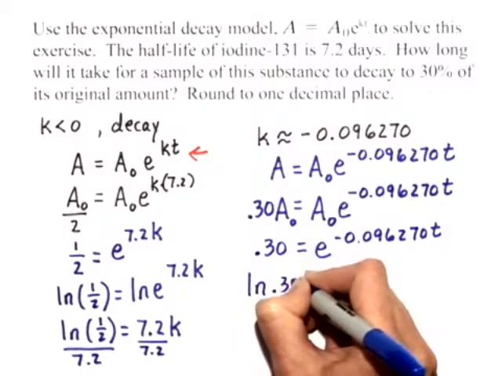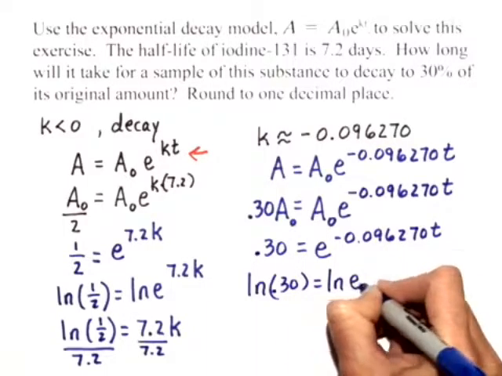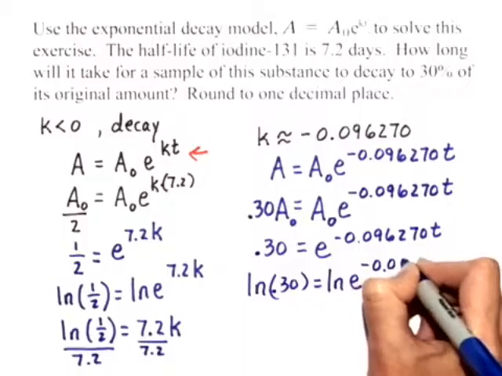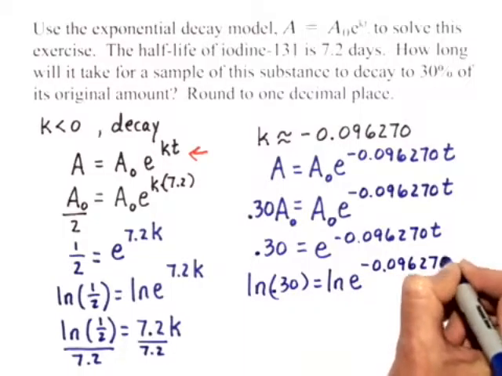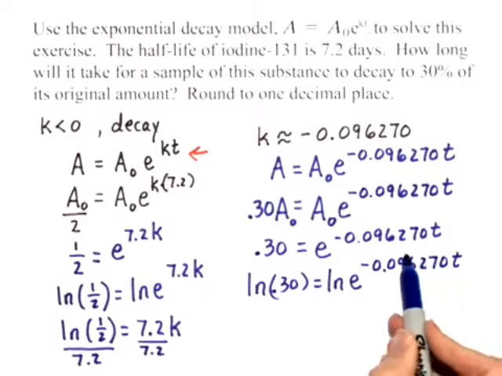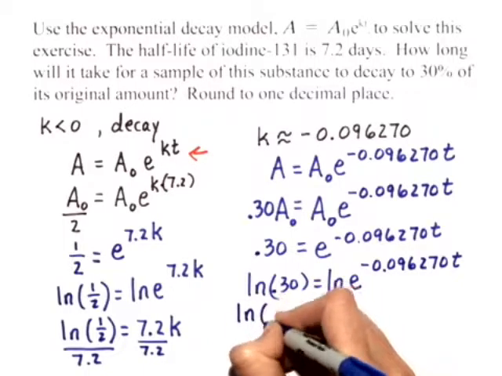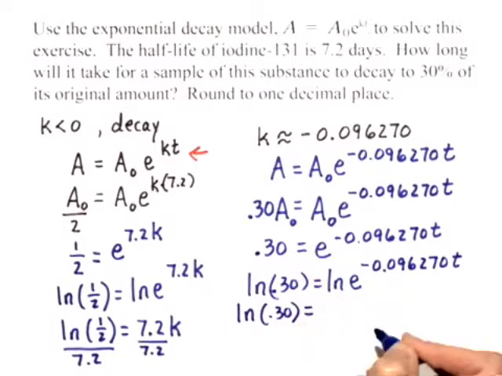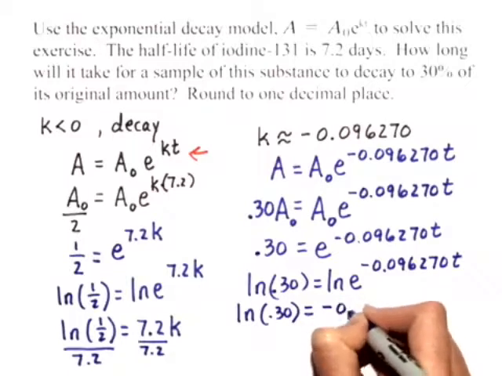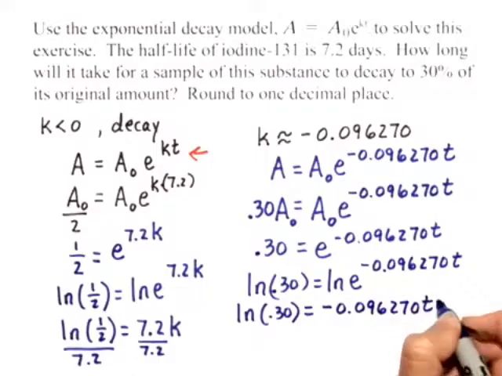The natural log of 0.30 is equal to the natural log of e to the negative 0.096270t. By our rules for exponents on the right-hand side, we'll pull this exponent in front of our natural log, and we'll have the natural log of 0.30 is equal to negative 0.096270t times the natural log of e, which is just 1, so I don't need to write that.